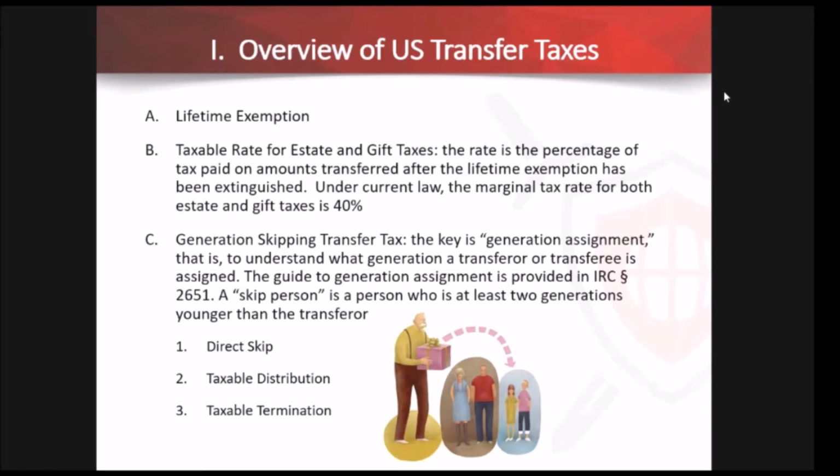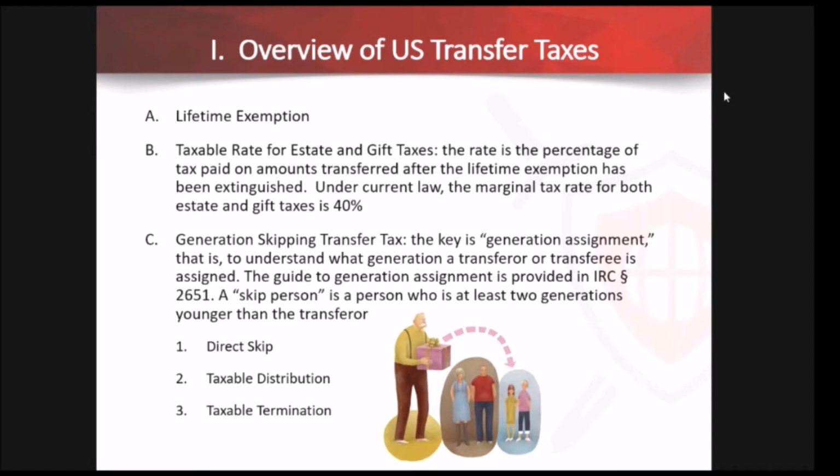So to remedy this, Congress passed the GST tax. Basically, if you make a gift to an individual that is 2 generations below you or 37.5 years, we treat it as if it's going through the estate tax again. That's how it operates. So your credit amount is the same for the GST tax as it is for estate and gift, but you can't take advantage and do arbitrage. So you need to be aware of that.